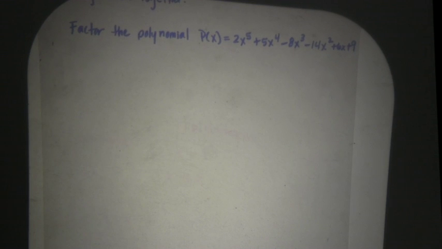In this case, it says factor the polynomial. I can factor the polynomial if I know all the zeros. So that's going to be my approach to this problem: can I find all the zeros? Using all of the information that we have available to us, we are going to attempt to do that right now.